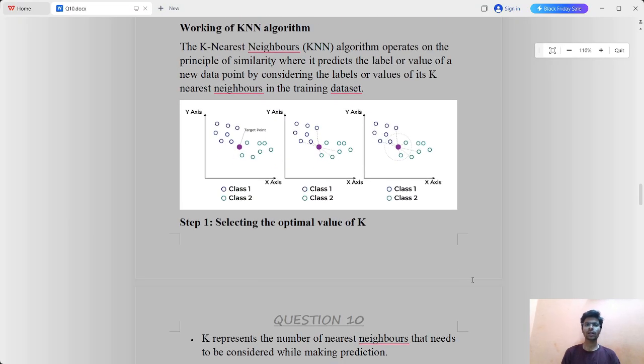Working of the KNN algorithm. The k-nearest neighbor (KNN) algorithm operates on the principle of similarity, where it predicts the label or value of a new data point by considering the labels or values of its k nearest neighbors in the training dataset, from class 1 and class 2 along the y-axis and x-axis.